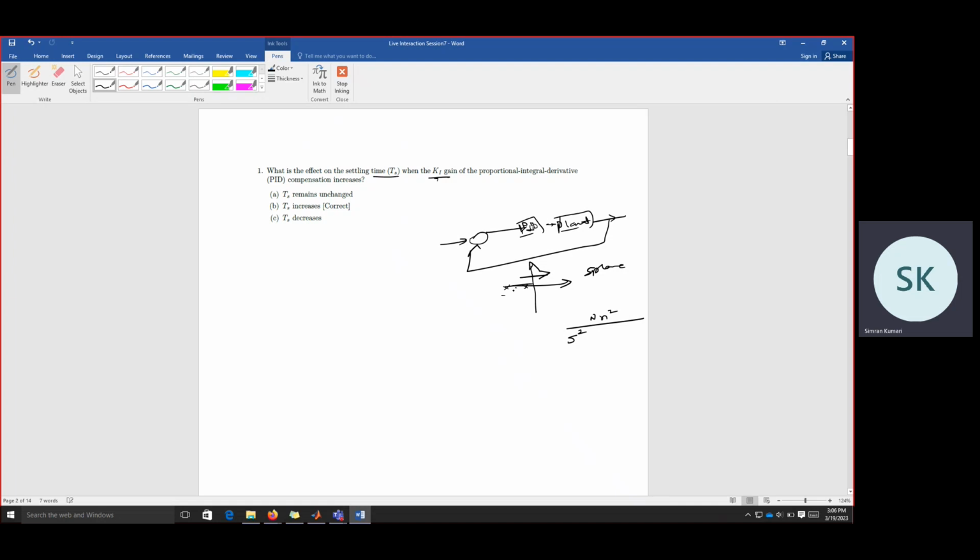And if the second pole is far away, then we can approximate it using a first order system. These are models, so anyway, we are not having a high fidelity model. We are just approximating the models.